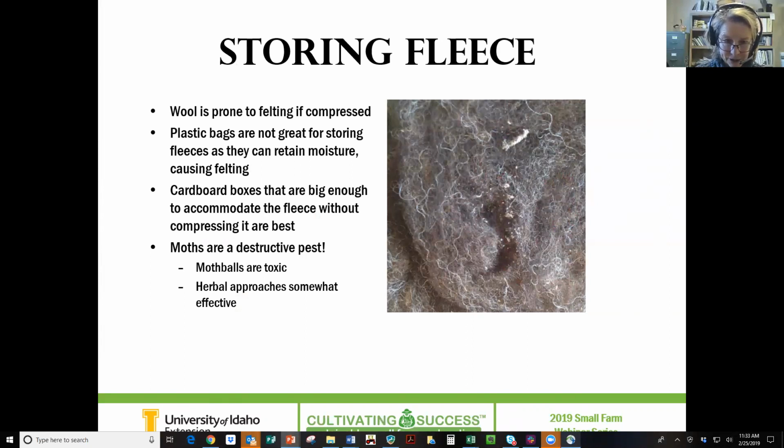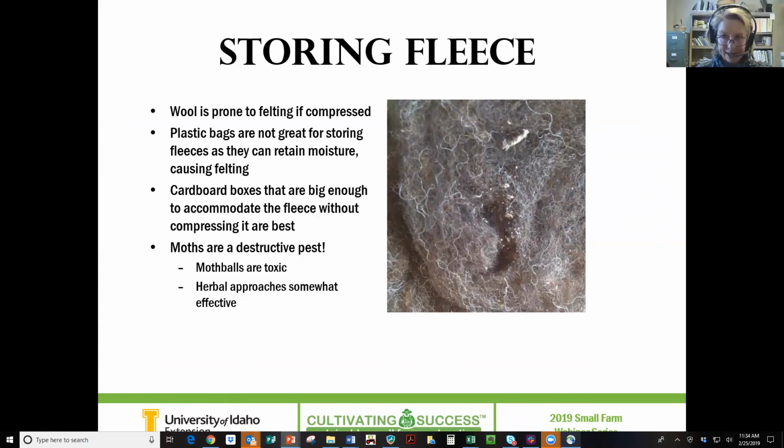Moths, though, are such a destructive pest, and mothballs are pretty toxic. So what do you do? This is a quandary. Herbal approaches are somewhat effective, but I think you just have to keep inspecting, because sadly, I hadn't had problems with moths in my stored fleeces because the winters were so cold. And then we started to have them, and I realized they would go from one box to the next, to the next, to the next.